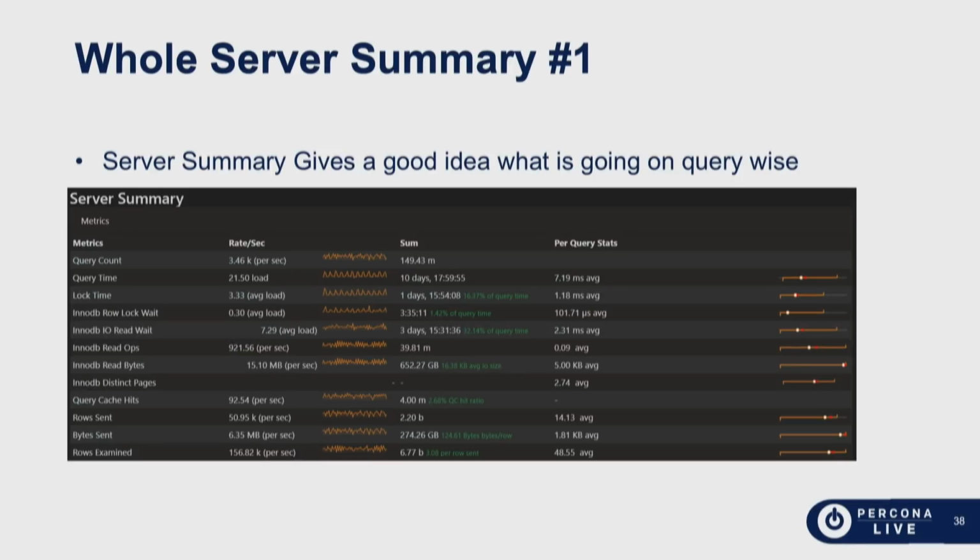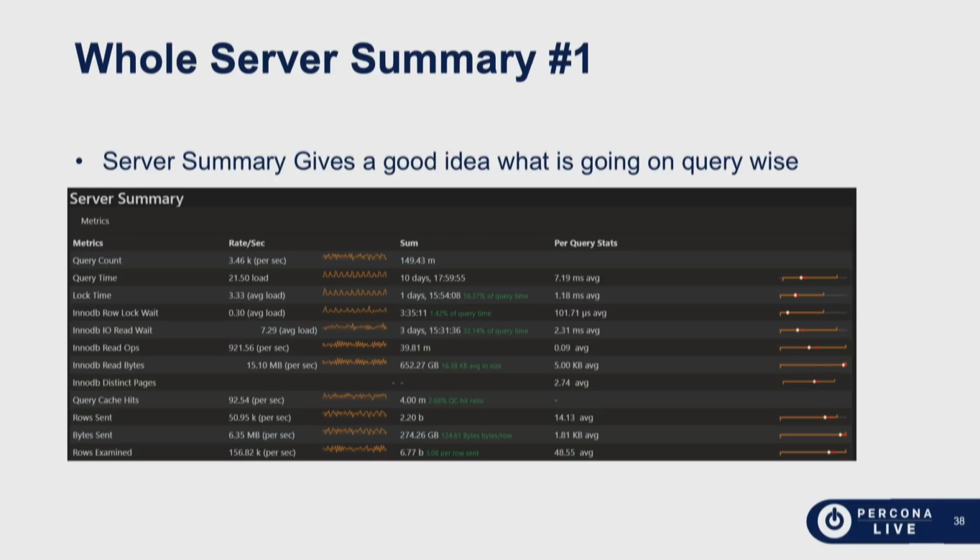So let's look at this, which is our service summary example, which gives us a very good overview of how the overall server is executing, right? And that's pretty much combined for all queries. So for example, from this I can say, hey, you know what, on average the query execution on the server is 77 milliseconds, right?